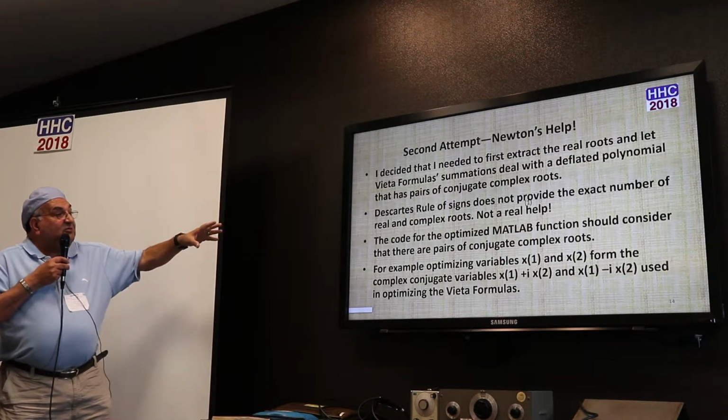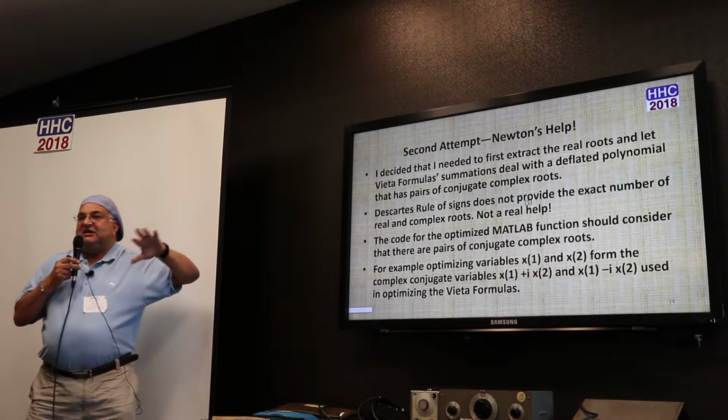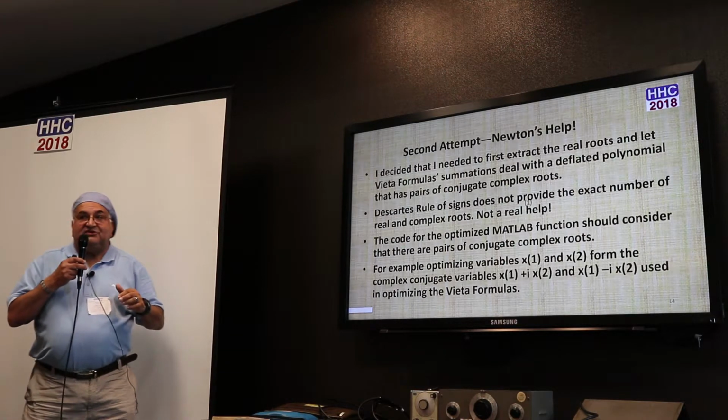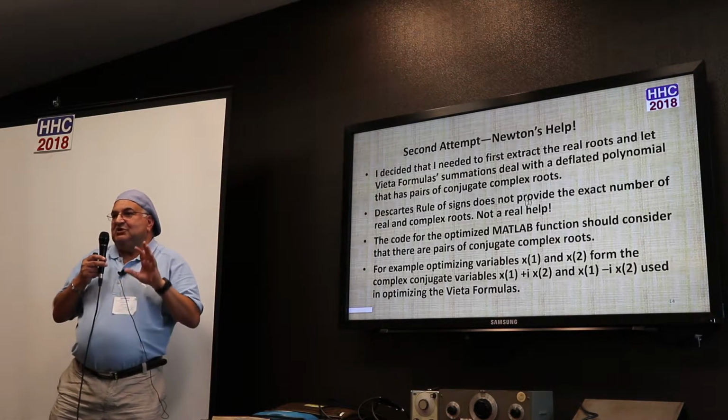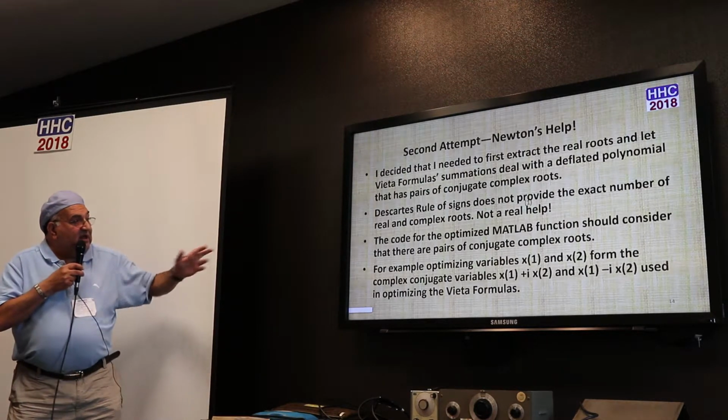Now, there's Descartes' rule of signs. It gives you an estimate of the maximum number of real and complex roots, but it's not exact, so it wasn't a real help. So I had to kind of wing it.